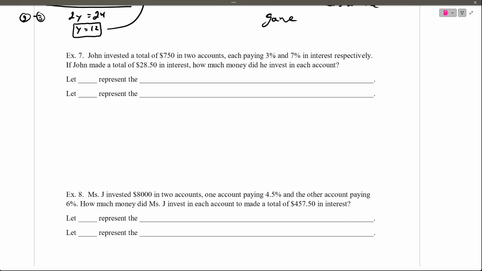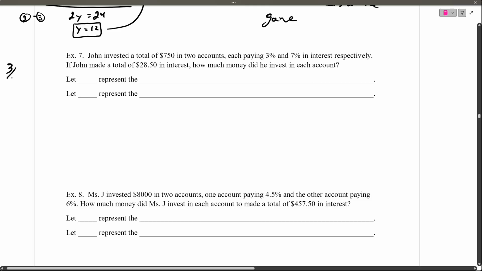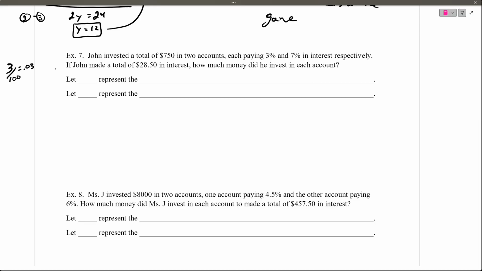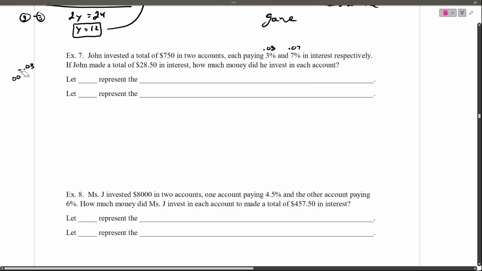In this question, we have a 3% and a 7%. 3% is the same thing as saying 3 over 100, because it's 3 out of 100%. When you do that math, you get 0.03. 7% is similar, it's going to be 0.07. So I'm just going to write 0.03 here and 0.07 here, so we can keep that in mind as we work going forward.